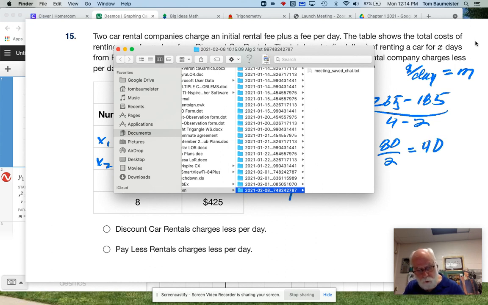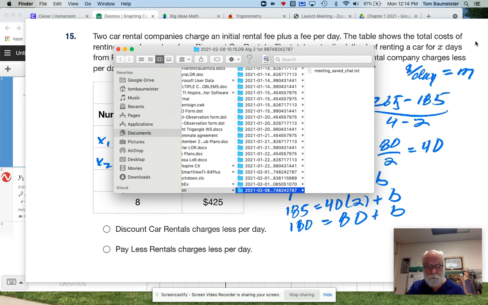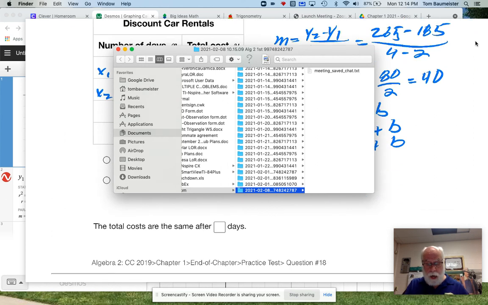So now our equation is y is equal to 40x plus b. So now we have to find out what our b is. So I took the first one there, so I can say that 185 is equal to 40 times 2 plus b. So 185 is equal to 80 plus b.